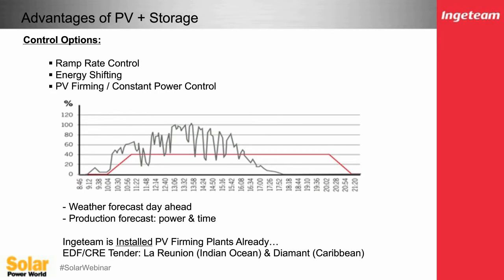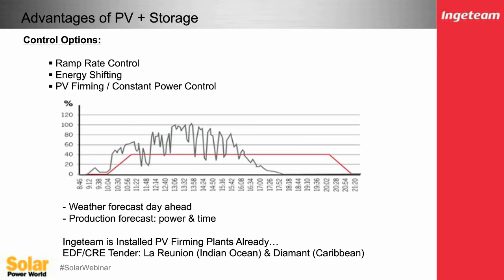Another control option that is being taken advantage of in the world today is PV firming. In this example of control, you're taking into account weather forecasting, and you're doing predictive analysis to tell the grid operator that between time A and B, I can give you, the system, a consistent power output, similar to what you would get from a natural gas plant or any other fossil fuel plant.